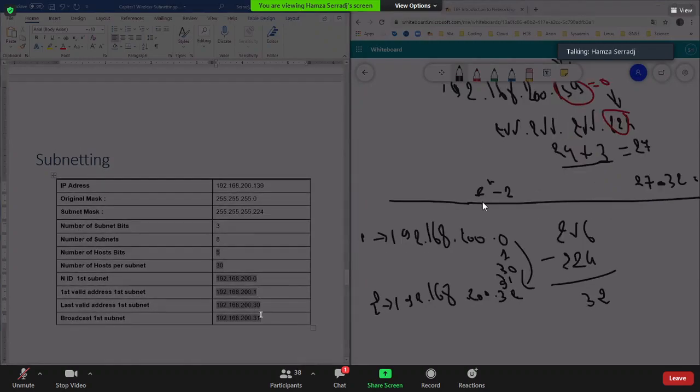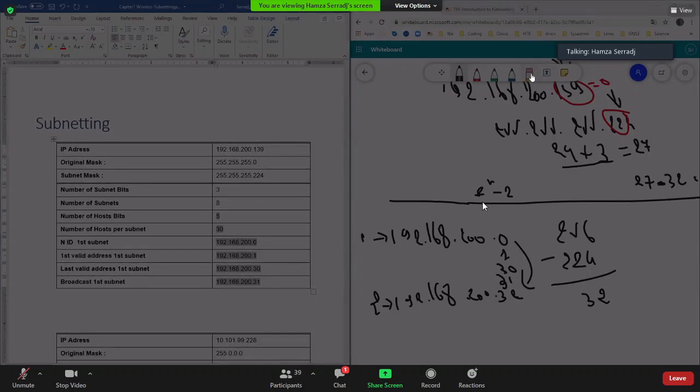Right? So the broadcast is 31, 32 minus 1. And the last valid address is 31 minus 1 again, that's going to give me the address 30. This one is easy, right? First one is easy.